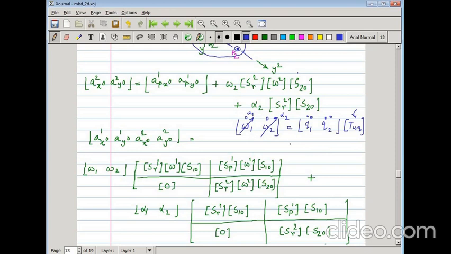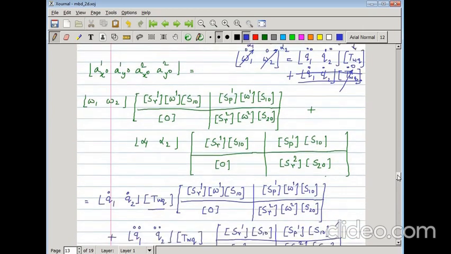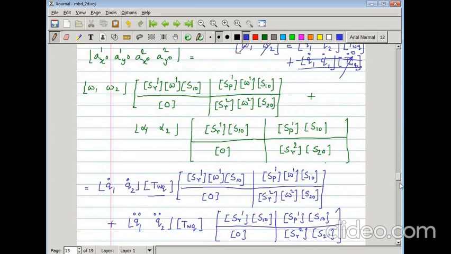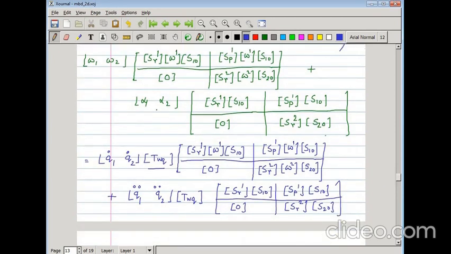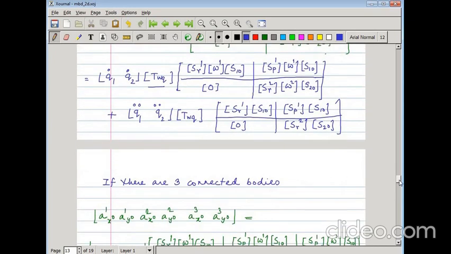That means if you want to add a term, q1 dot q2 dot T omega q dot, that will simply give you 0. So this term is not required. So this is what you get. So here this is the second term. So now this is actually the acceleration expression.